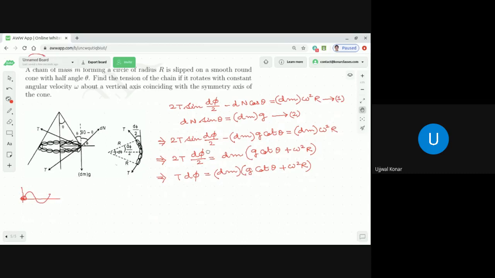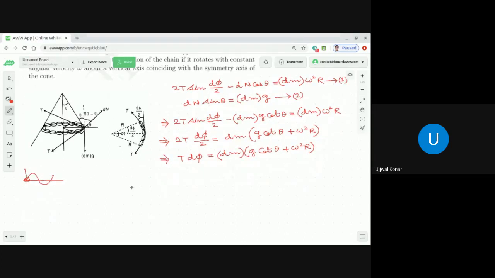So dm is equal to m by 2 pi r, because it is a radius of capital R, 2 pi r, into r into d phi. So we can simplify a little, and we get m by 2 pi into d phi. Now we can apply the value of d phi here.